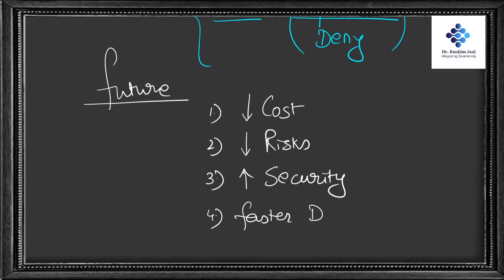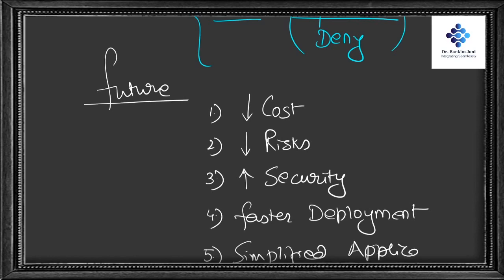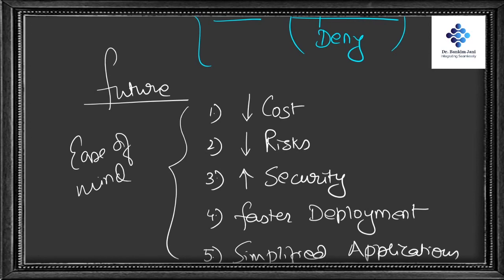So faster deployment, and then at your service there are some simplified applications, and these simplified applications give you ease of mind. So all these things are for the betterment of the network.